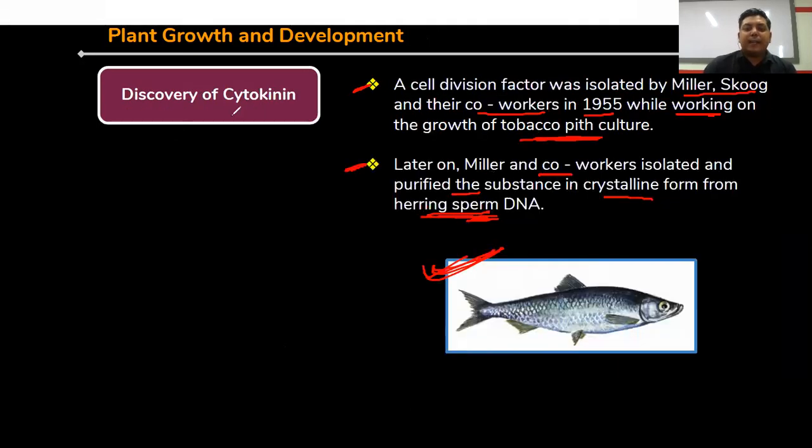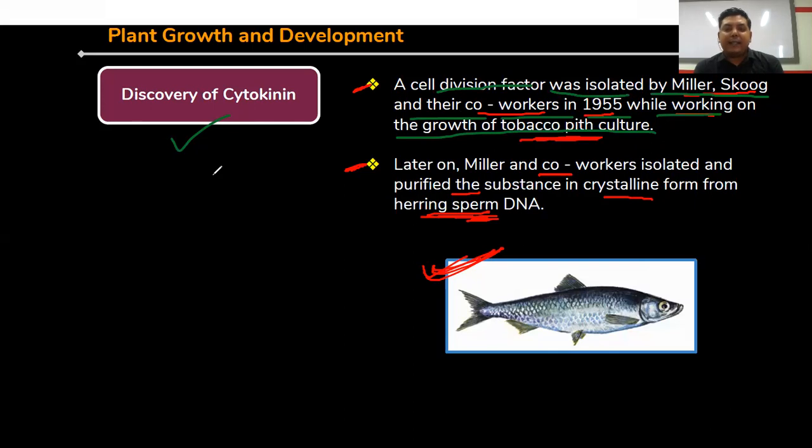Now the discovery of cytokinin. The third important plant growth regulator is cytokinin. A cell division factor was isolated by Miller, Skoog and their co-workers in 1955 while working on the growth of tobacco pith culture. So in case of cytokinin, this discovery was also an accidental process.